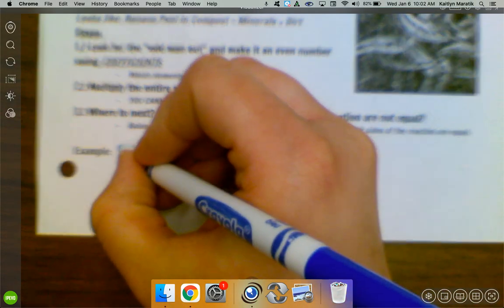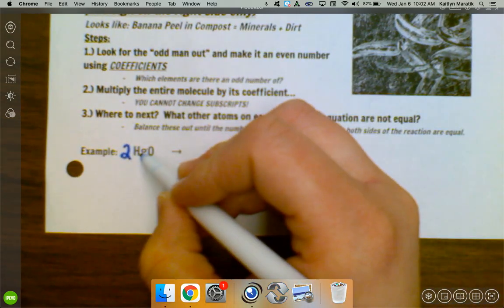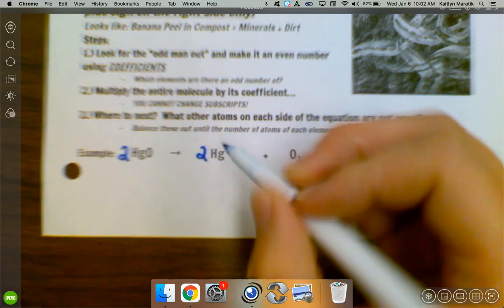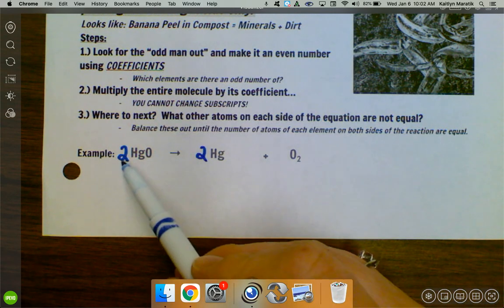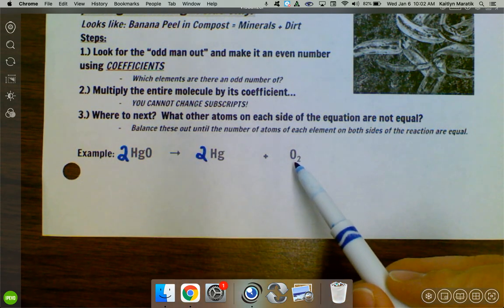So we're going to double it over here with our coefficient of 2, because then I have 2 mercury. And then I'm going to put a 2 in front of this mercury because I want to have 2 on each side. Now when I added this 2 as a coefficient, it also made it so I have 2 oxygen.